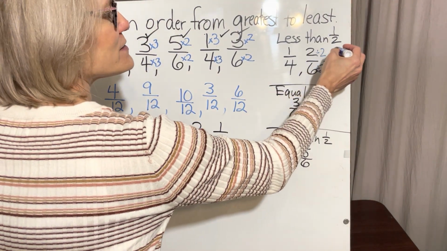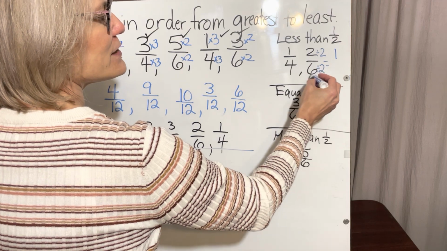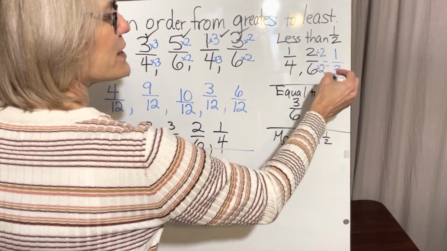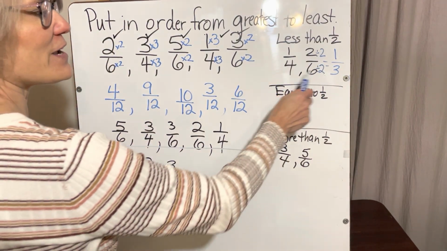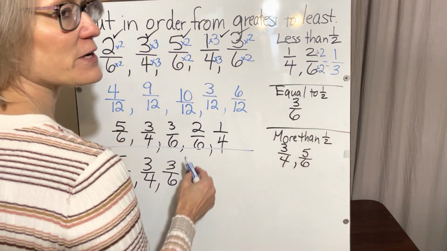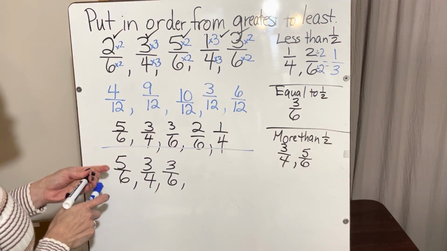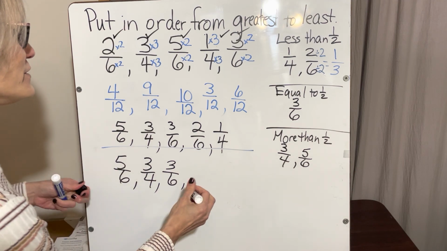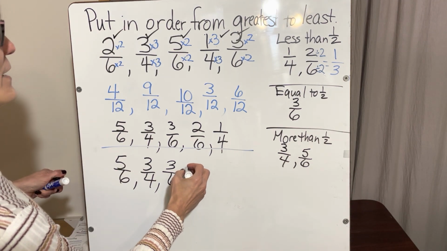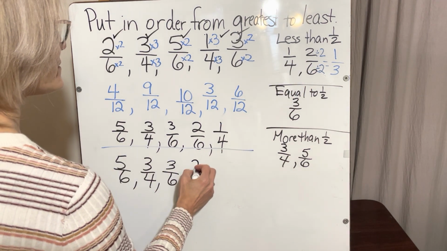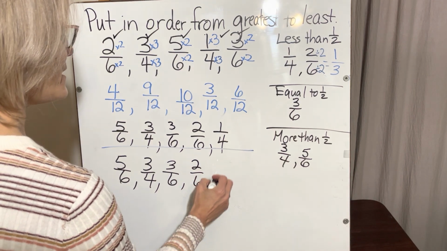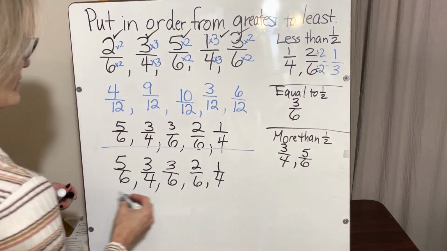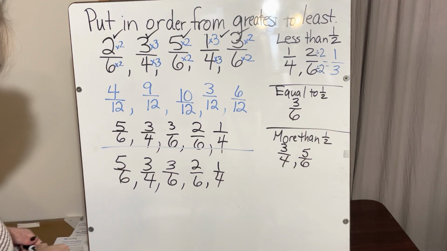I can divide and get 1, and I can divide 6 divided by 2 and get 3. Aha! Now I know that 1/3 is bigger than 1/4, so I know that 1/3 goes next, or 2/6, right? And then 1/4 is the smallest.